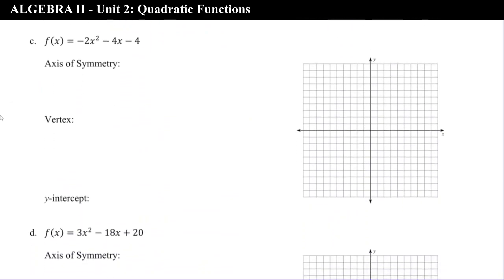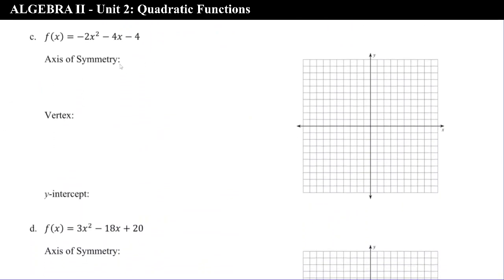Okay, let's move on to C. Our axis of symmetry is going to be x equals negative b over 2a. So b here is negative 4. A is negative 2. So we're going to end up with negative 4 over 4, which is negative 1. Let's plug that into our original to find out what the y-coordinate of the vertex is.